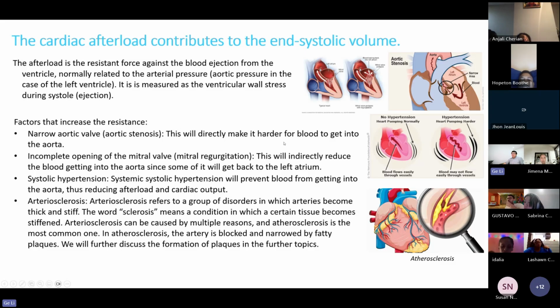And another thing is, what if the aortic valve cannot open completely? This is called aortic stenosis. Aortic stenosis means it cannot open completely, and then it substantially increases the pressure when the left ventricle wants to push the blood into the aorta.